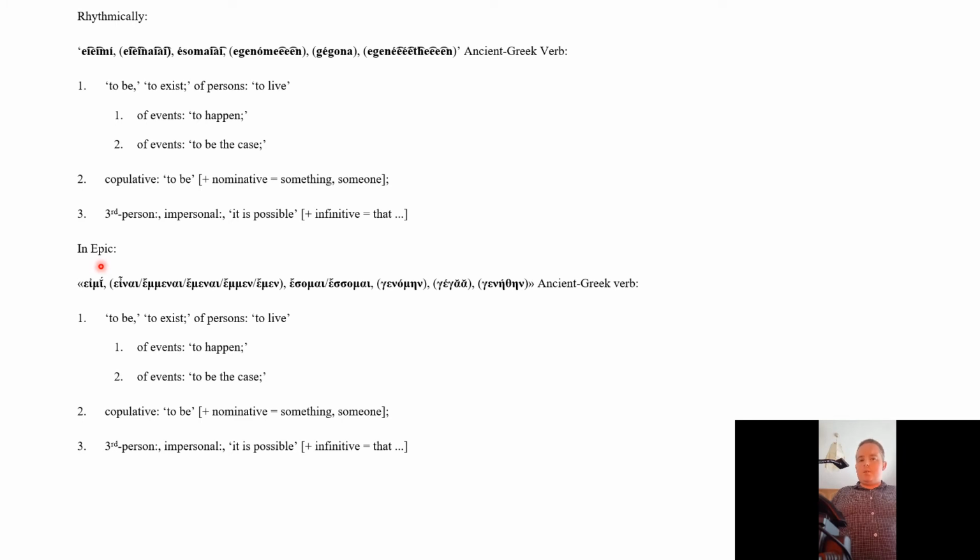Epic is an older dialect, and we call it Epic after the style of Greek used in the Homeric epics, like the Odyssey. So sometimes you might hear the epic dialect called Homeric, and so the forms are a little bit different to the forms in Attic. These are the forms in Attic, these are the forms in Epic.